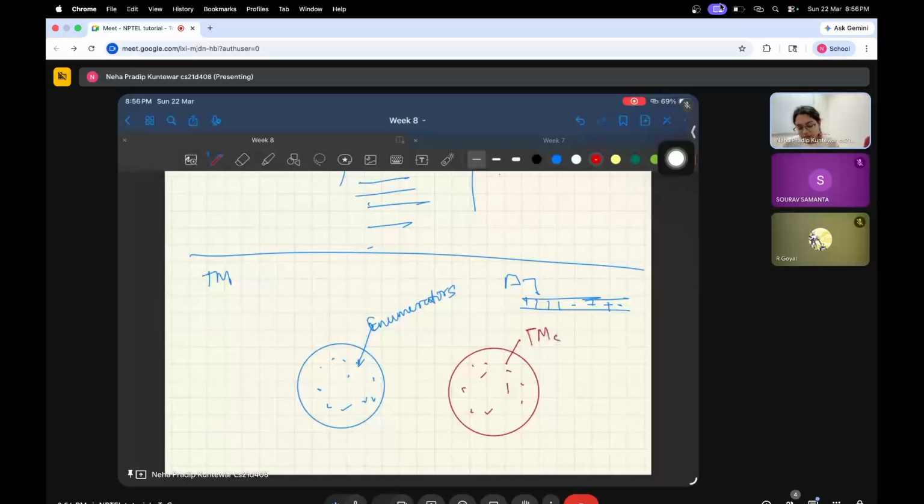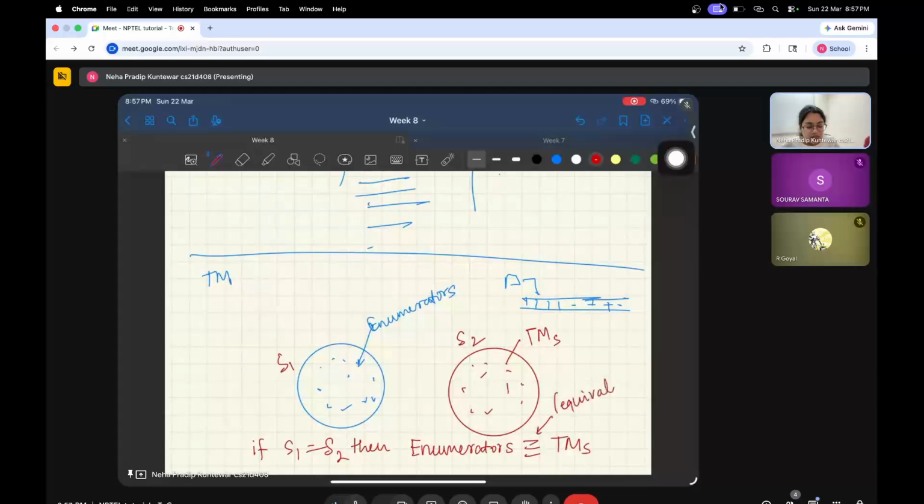Let me call this S1 and this S2. If S1 is equal to S2, then we say that enumerators are equivalent to Turing machines. Basically, the set of languages that enumerators can compute is the same as the set of languages that Turing machines can accept.